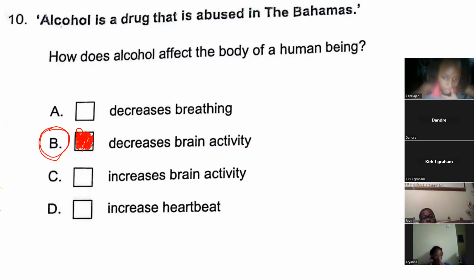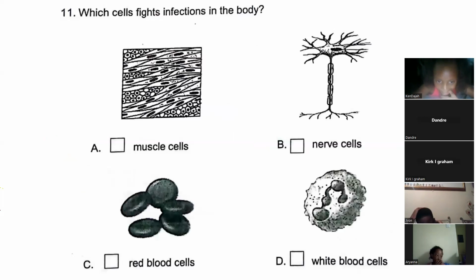Let's go on to the next question. I want Ariana to read. This is number 11, sorry. Which cells fight infections in the body? A. Muscle cells. B. Nerve cells.